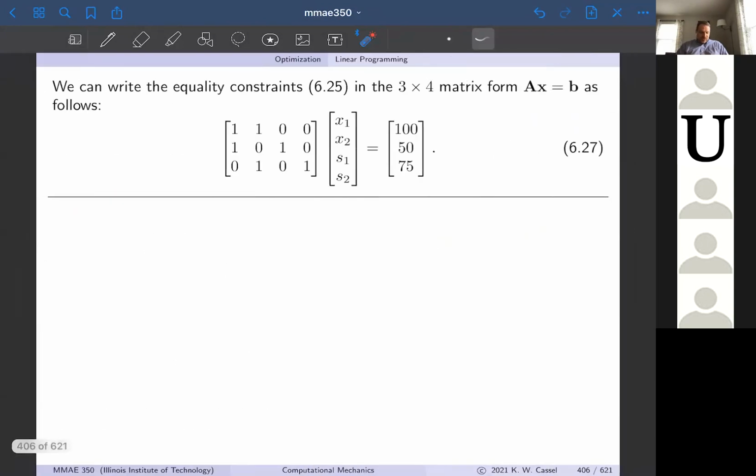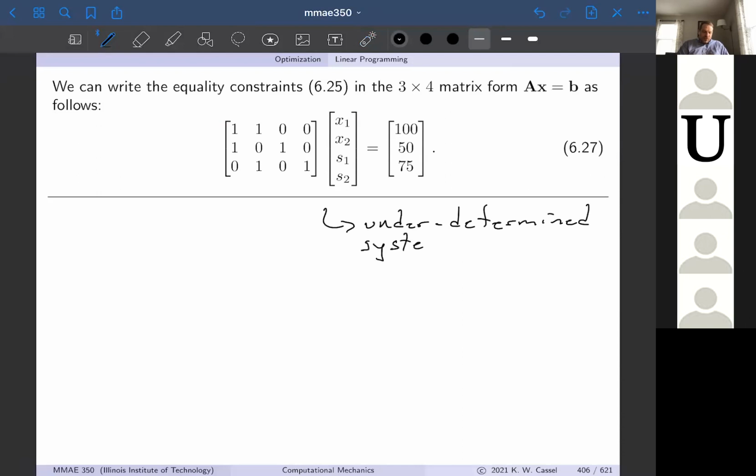And you'll notice, of course, that I only have 3 equations, but I have 4 variables. And that's what we mean by it being underdetermined. So this is an underdetermined system. There are fewer equations than are necessary, compared to variables, to actually get a unique solution.